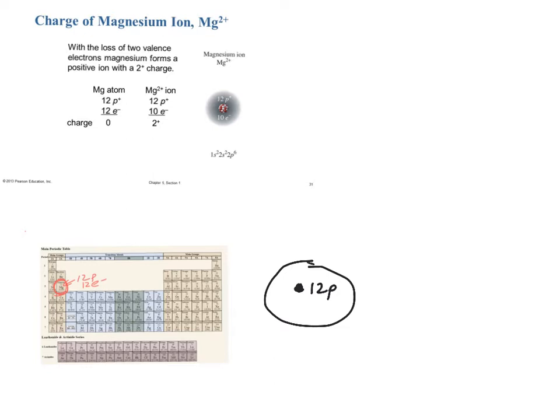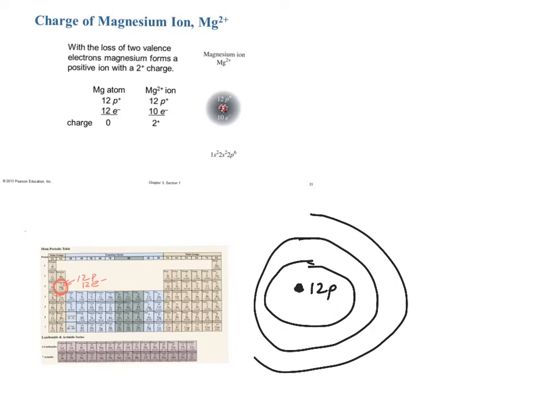Because magnesium's in group 2A, it's going to have 3 energy levels. And in those 3 energy levels, the electrons are going to be distributed as follows. 2 electrons in the first energy level, 8 electrons in the second energy level, and it's in group 2A, so you'd expect it to have 2 electrons in that outermost energy level.